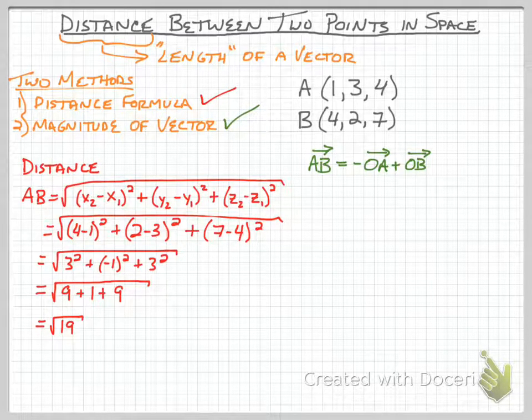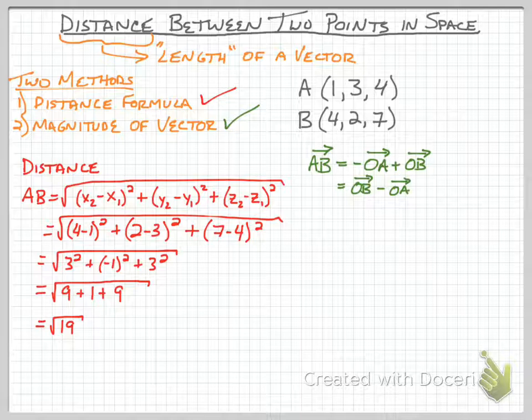But we know that we have to have our vectors following a path. They have to go heel to toe. So we can't go OA to OB and then find the vector AB. We have to reverse OA. If you're not familiar with this, you may want to go back and look at the position vectors video, where we talk about this a little bit more. So we're going to reverse our vector OA, and that's the same thing as subtracting OA from OB.